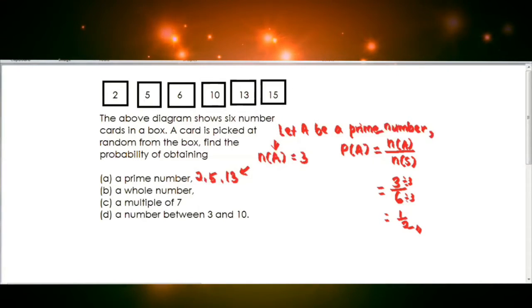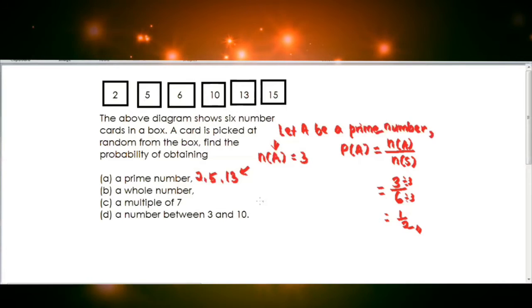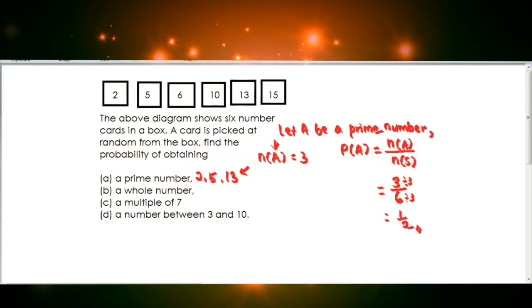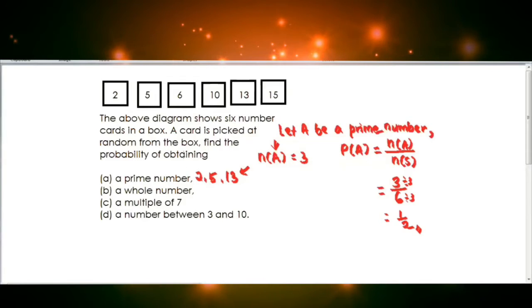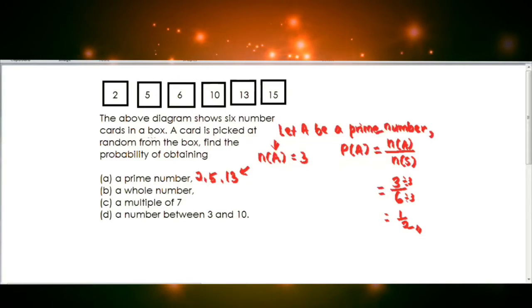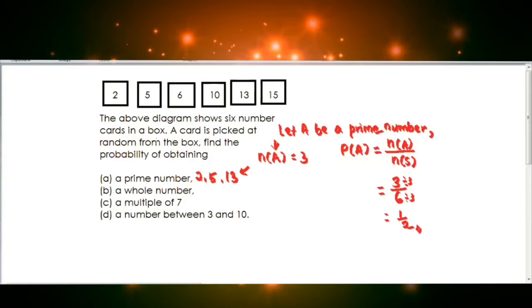So let's look at question B. I use blue color to answer question B. A whole number. Okay, so we need to explain: what is a whole number? A whole number means a number without any decimal point.